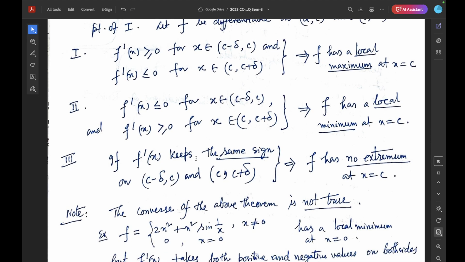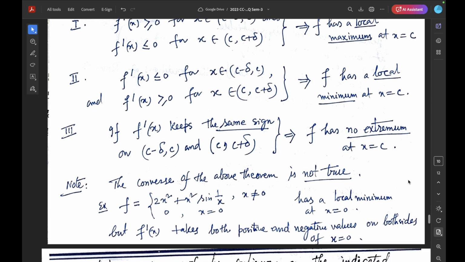If f dash x keeps the same sign from c minus delta to c and from c to c plus delta, then f has no extremum at x equal to c.